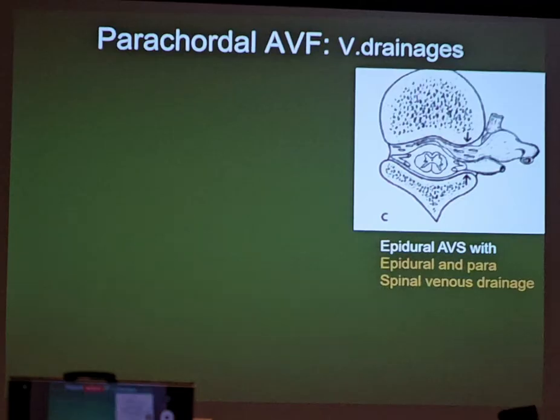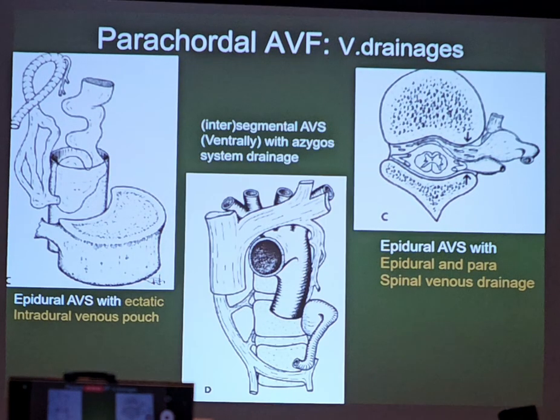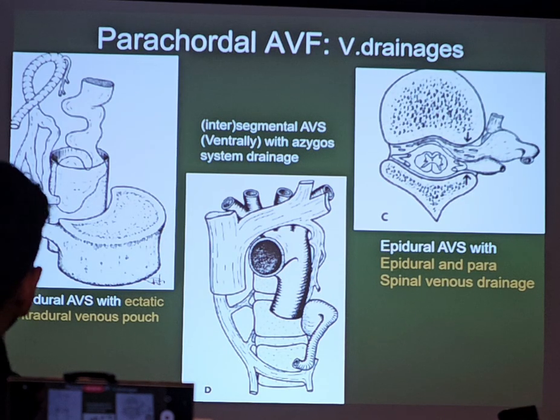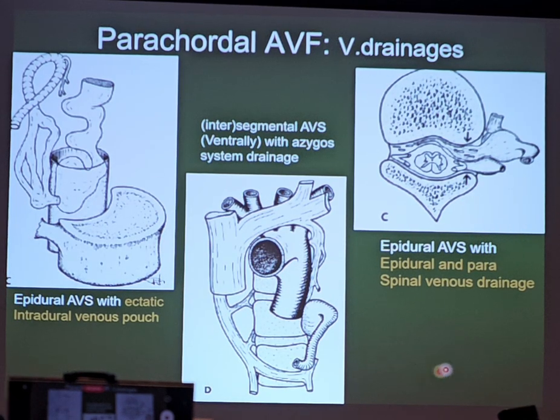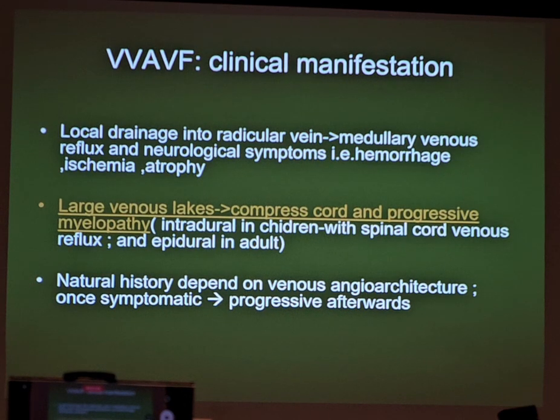I will show you why. The pattern of venous drainage for each type was nicely illustrated in Pierre's book. As I told you, in most cases the large venous pouch compresses the cord and a nerve root. So there is some possibility of intradural venous reflux.